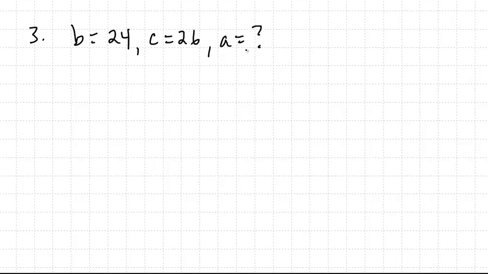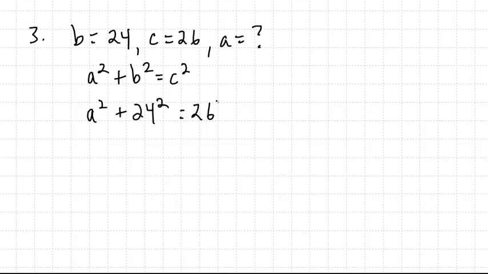For question number 3, we're told that B equals 24, C equals 26. What is A? So setting things up, A squared plus B squared is C squared. We're solving for A, plus 24 squared is equal to 26 squared.